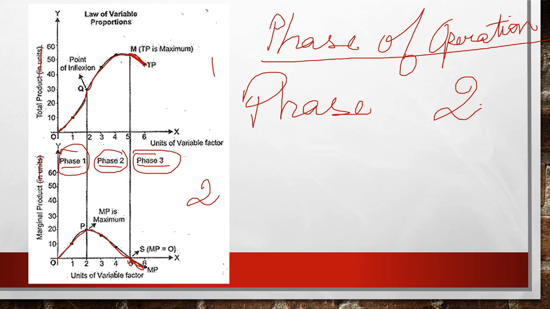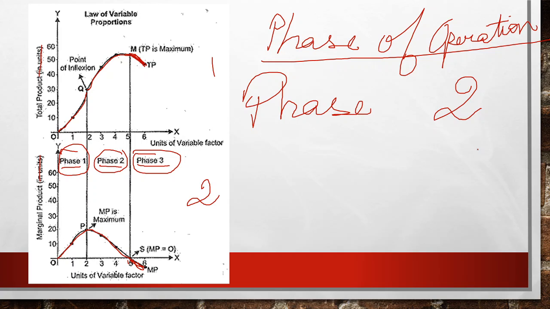Now you will reach phase 2. But in phase 3, listen to me carefully. In phase 3, the marginal product of each variable factor is negative. So will you like to operate there? When you are employing more and more units of variable factor, you are not getting any profit. TP is falling. So will you want to produce at that stage? Never, right?